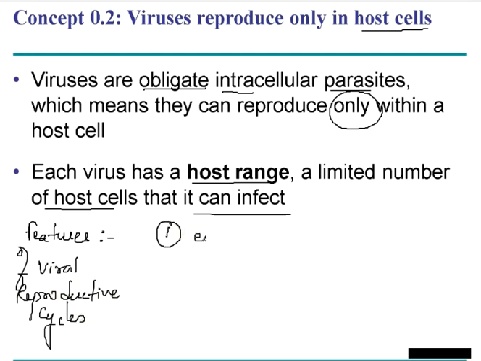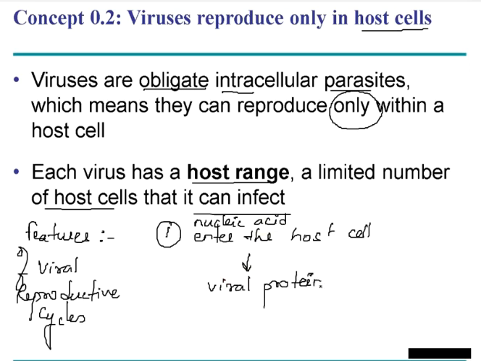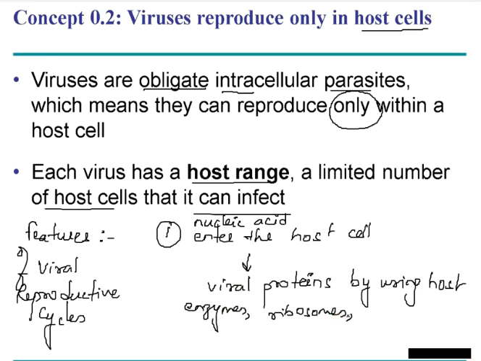So I write here one by one. The important one is they enter the host cell. How? They inject their nucleic acid into the host cell, and they synthesize the viral proteins inside the host cell by using the host machinery: host enzymes, host ribosomes, host tRNAs.